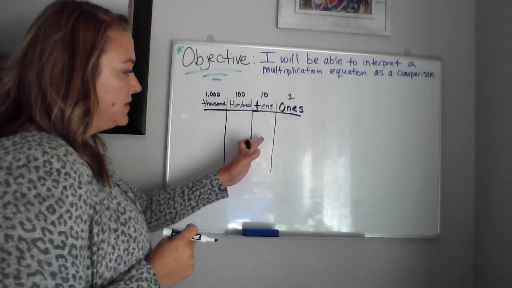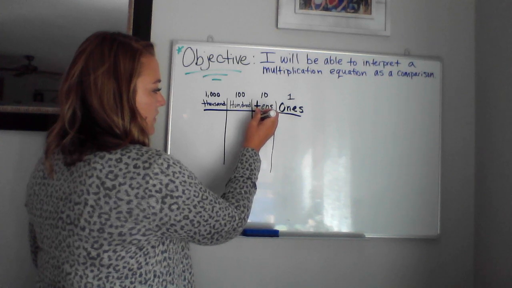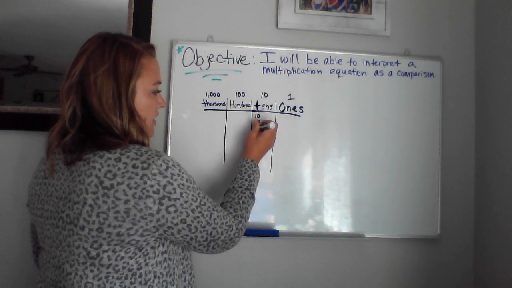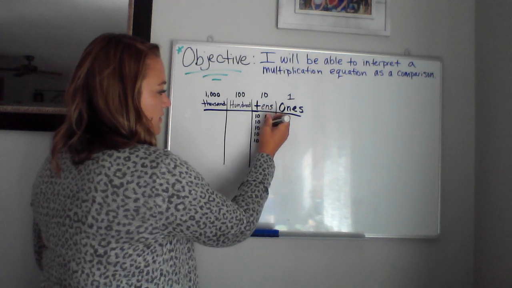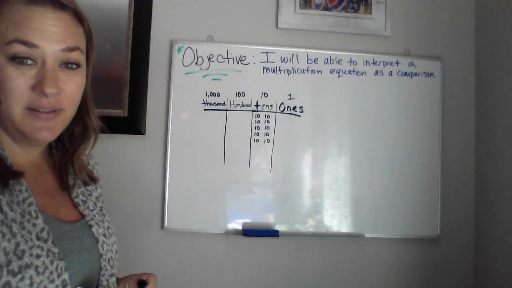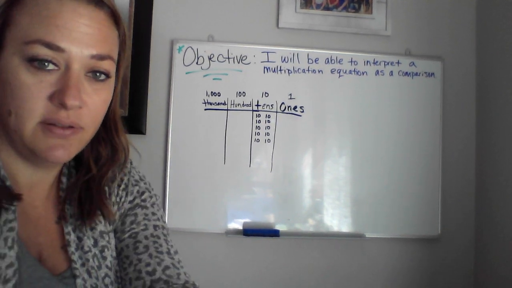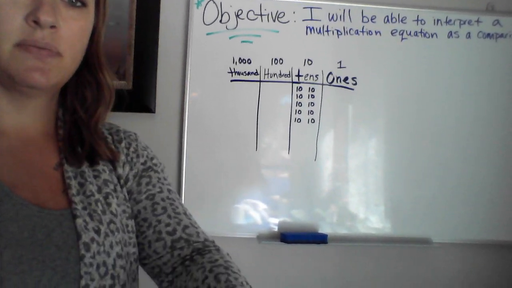So same thing with my tens place. If I have 10 tens, so here's 10, 20, 30, 40, 50, 60, 70, 80, 90, 100. Let me move this a little closer so you can really see my board. Okay.